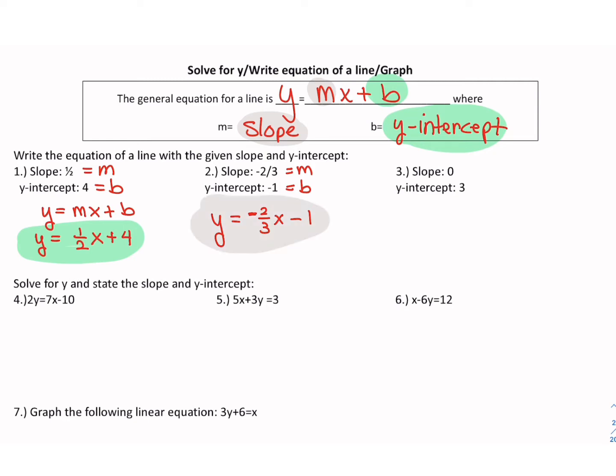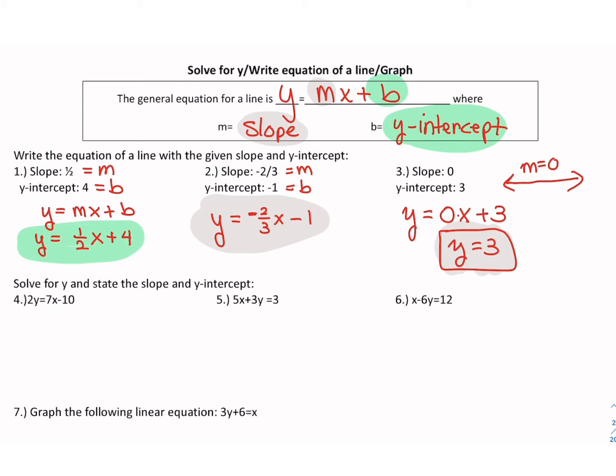Third, if we have a slope of 0, that would be y equals 0x plus a y-intercept of 3. That would give us the equation y equals 3. That is the equation of a horizontal line. A horizontal line has a slope of 0.